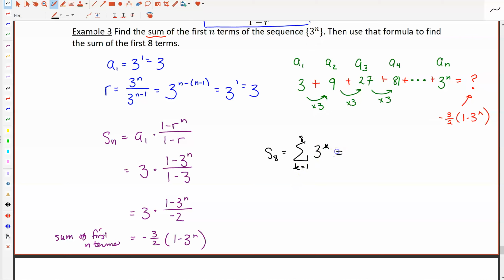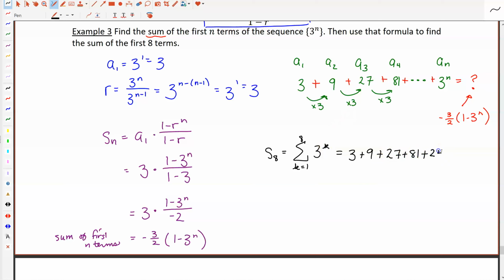Now I don't have to do this to answer this question, but just to write out who is in this sum. So if k is equal to 1, I get 3 to the first power, which is 3. If k is equal to 2, I get 3 squared, which is 9. I'm going to add those up and add up any other term I get after that. If k equals 3, I get 3 cubed, which is 27. Then 81.